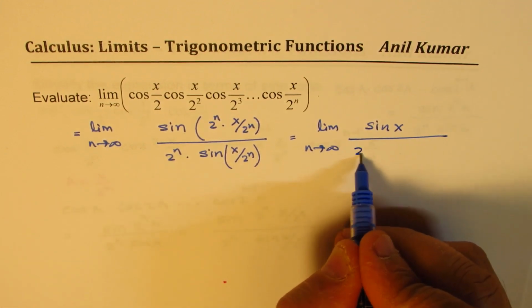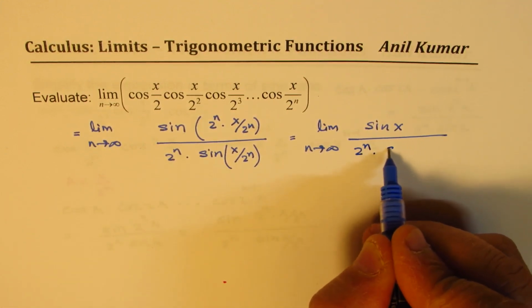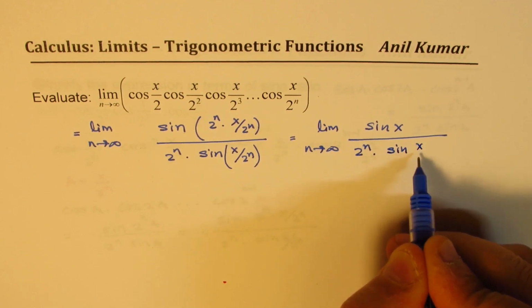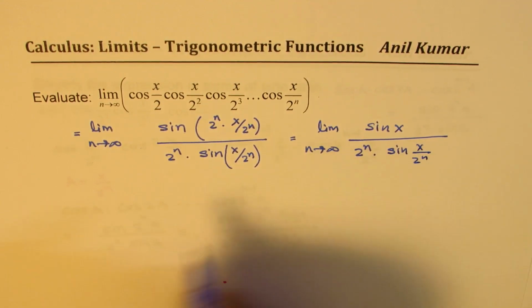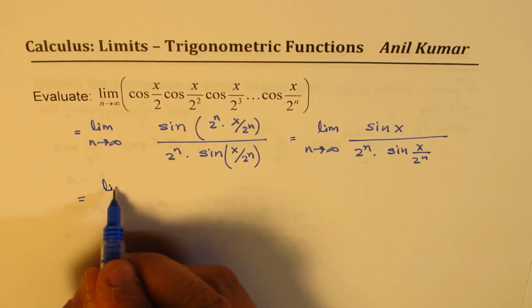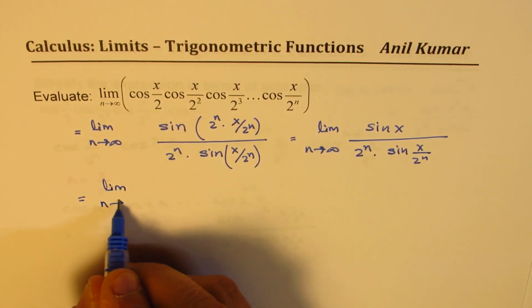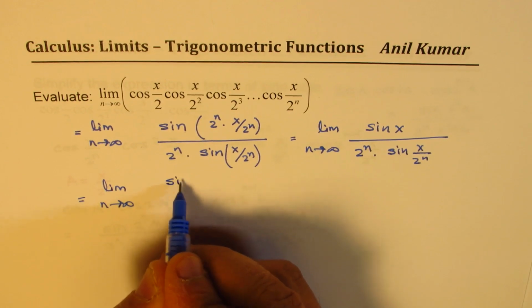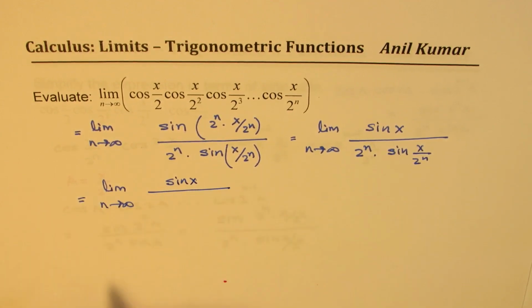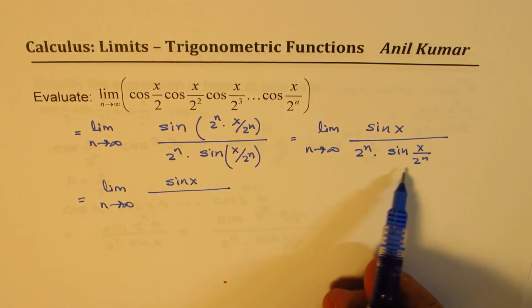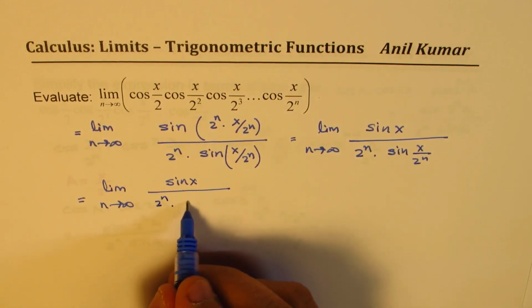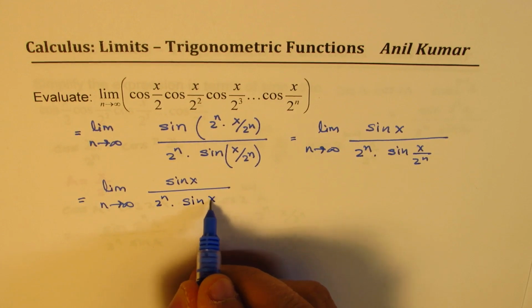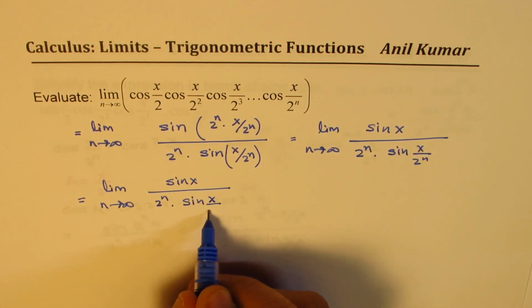The denominator is 2 to the power of n times sine of x over 2 to the power of n. Now we could write this as limit n approaches infinity, with sine x in the numerator over 2 to the power of n and sine of x over 2 to the power of n.